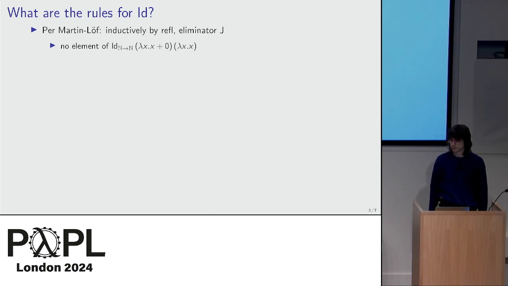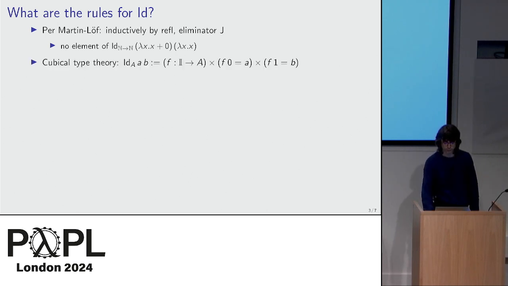So in particular, for function space, we cannot prove in Martin-Löf type theory that these two functions, x plus 0, which adds 0 to an input natural number, and the identity function are equal, so we need function extensionality or some extra principle, or a different definition of identity type, such as the one in cubical type theory, where there's a formal interval added to the syntax. This I is the formal interval, which has two formal endpoints, 0 and 1.